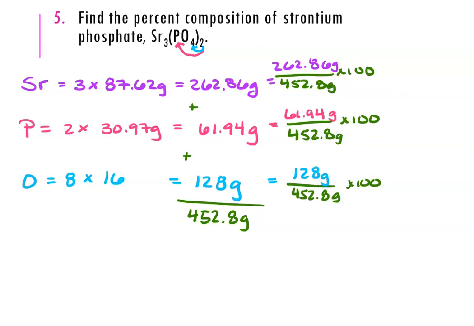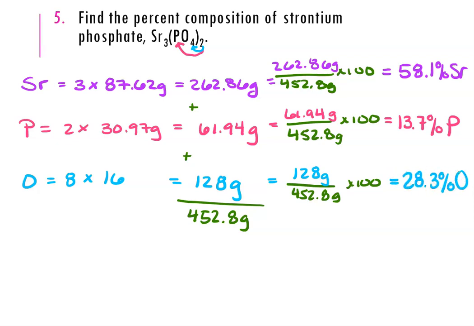All right, and then we just plug into the calculator and we get for our strontium 58.1% strontium, and we get 13.7% phosphorus, and we get 28.3% oxygen.